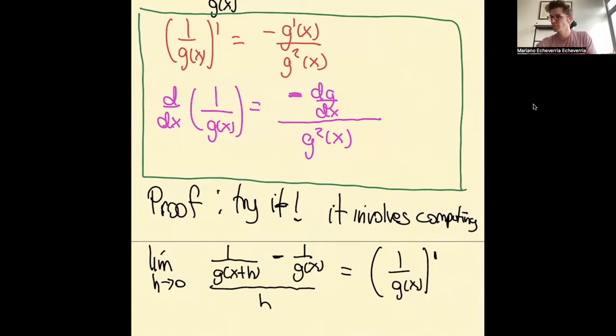But it's a good exercise if you want to practice verifying these proofs because it doesn't have a weird trick like the one from last time when we did the product rule. It's more or less straightforward.